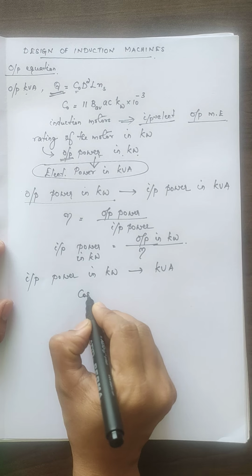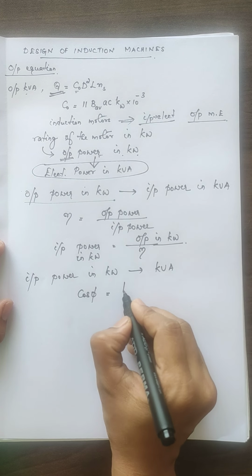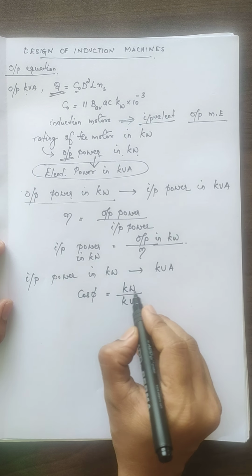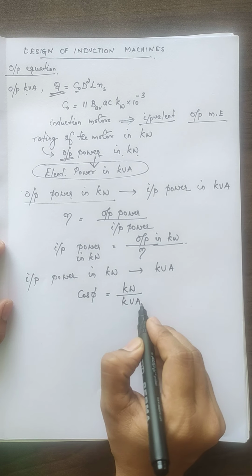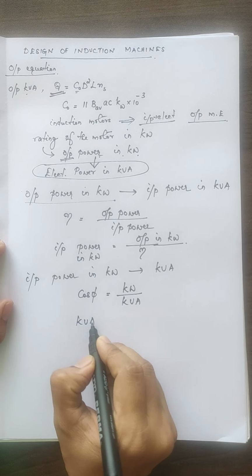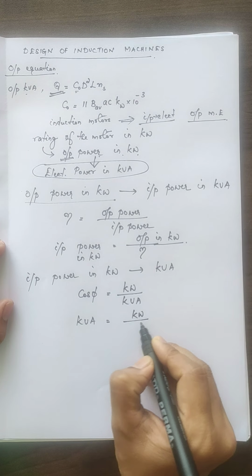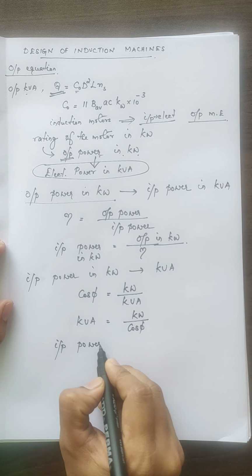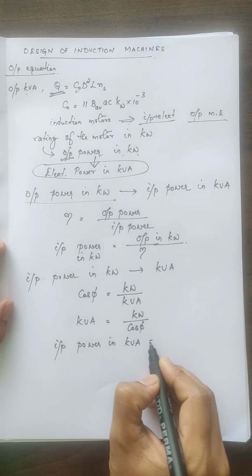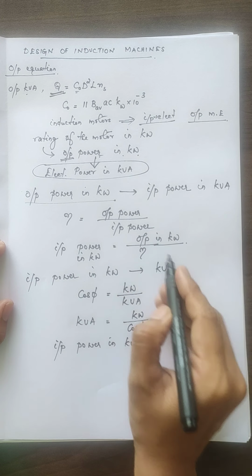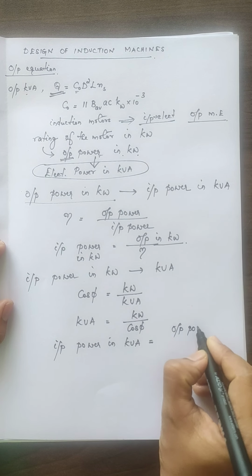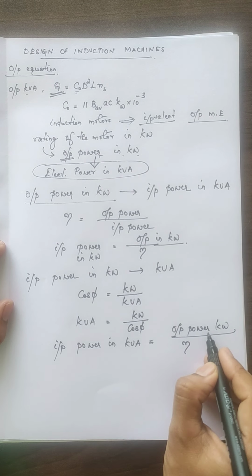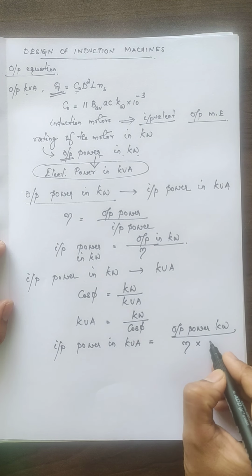We know that power factor cos phi is equal to kW divided by kVA. Cos phi is equal to active power divided by apparent power. So we get the kVA rating equal to kW divided by cos phi. So input power in kVA will be equal to output power in kilowatt divided by efficiency, which gives the input power in kilowatt, divided by power factor.